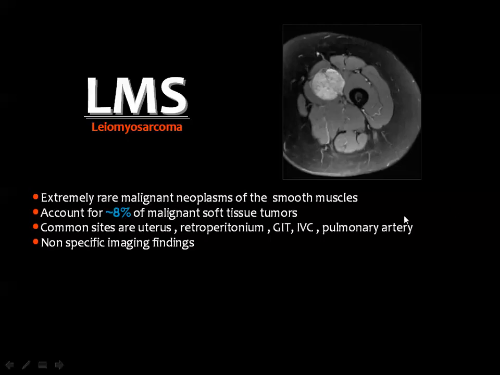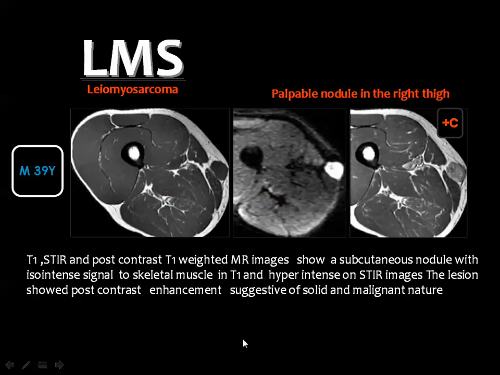Also, it can be seen in the vessels, like leiomyosarcoma of the pulmonary artery, leiomyosarcoma of the inferior vena cava. When it occurs in the extremities or in the soft tissues, it will have no specific imaging criteria.